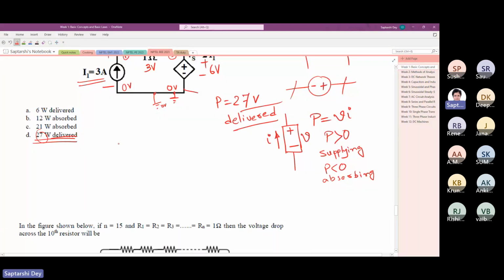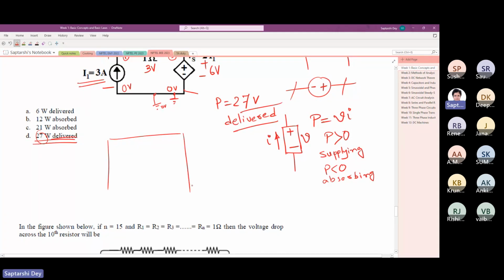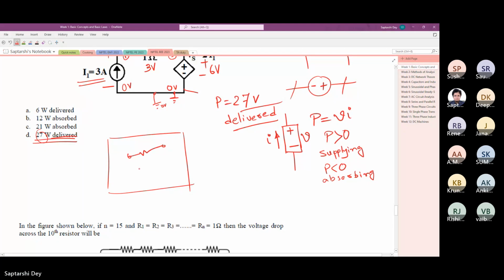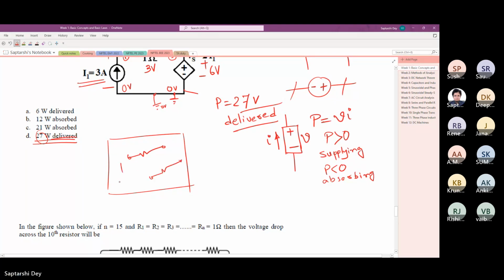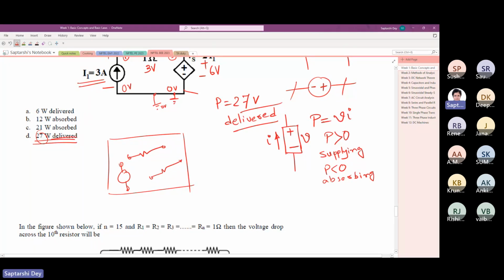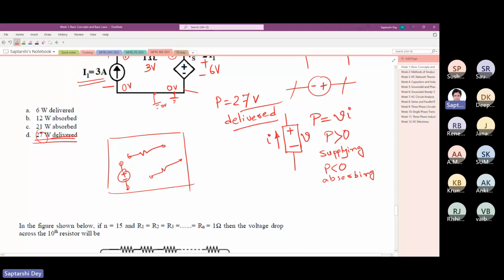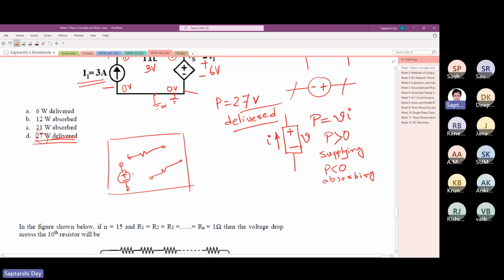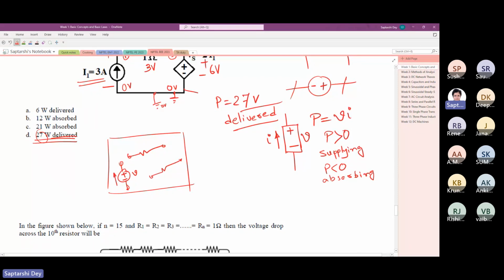It's like this. You have a large network, several resistances, several sources connected, a very complex network. You do not know the direction of current anywhere. Say you have a voltage source like this anywhere. What we do is we simply assume that the current is flowing in any direction.